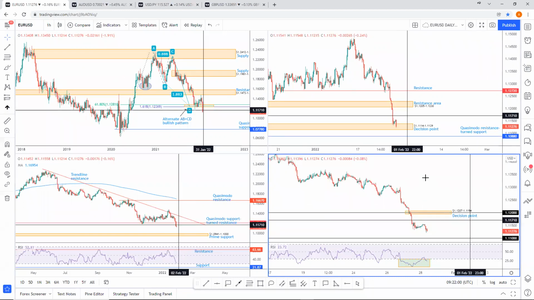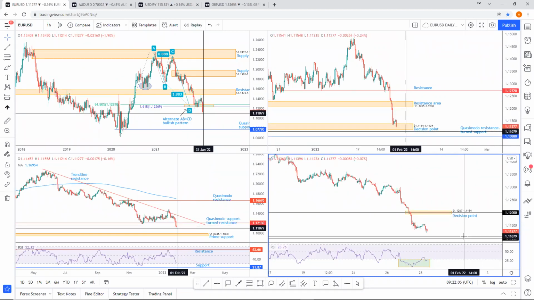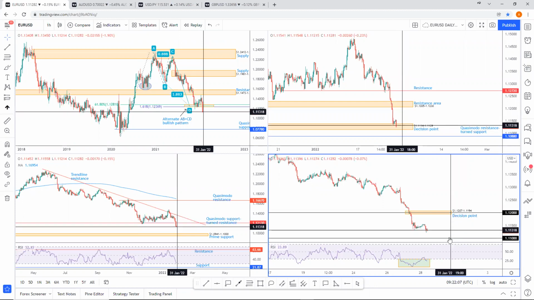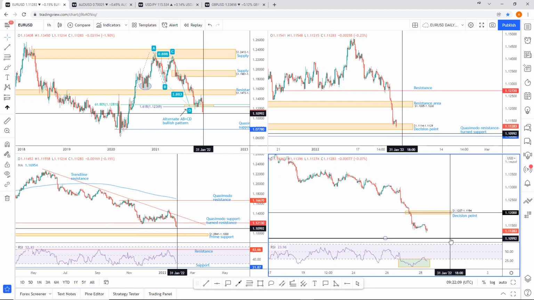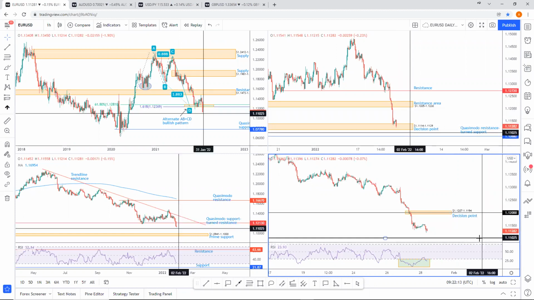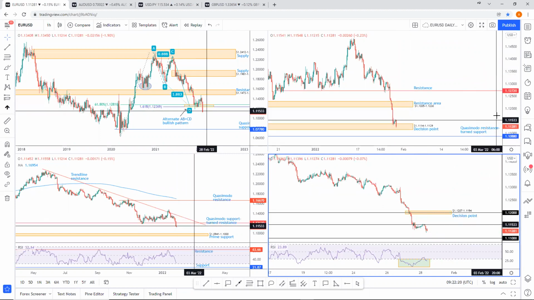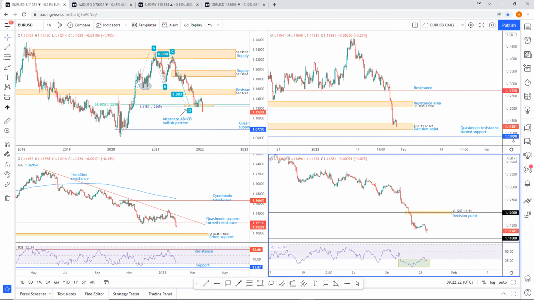Onto the H1 time frame. Look, everything's pointing to the 111 figure right now. Should we get this far south, do bear in mind that this psychological figure on the H1 time frame is plotted just above the Quasimodo resistance turn support on the H4 time frame, again at 10.88.